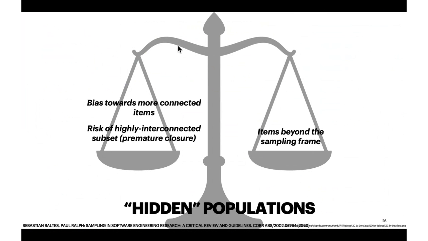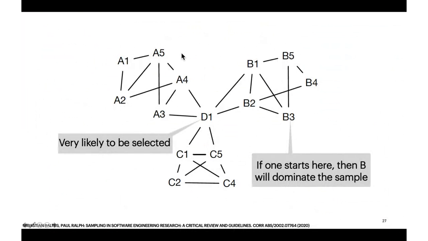So let us look at the problems which might be caused by snowball sampling. So if this is how our population looks like, then we can be pretty sure that the item D1 is highly likely to be selected, because snowball sampling will essentially try to traverse those referral links, and independently from where you are in this graph, after maximum 3 steps, you can reach D1.